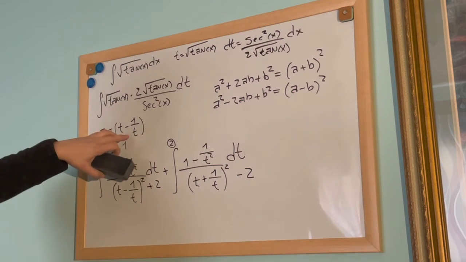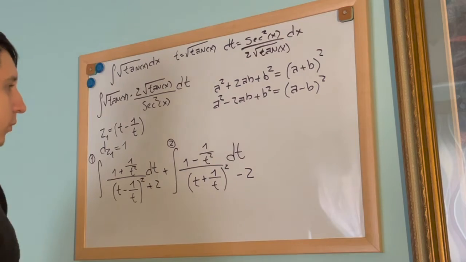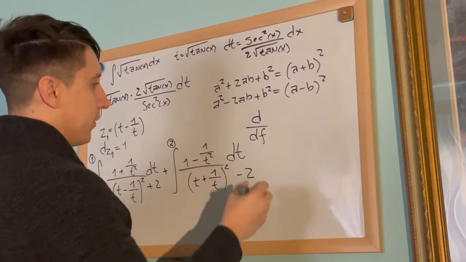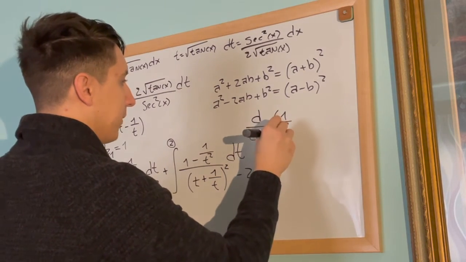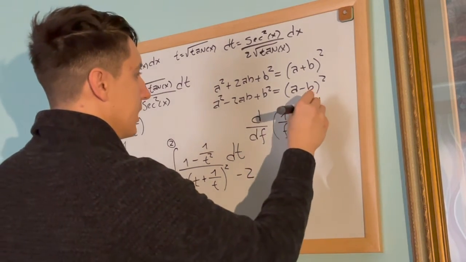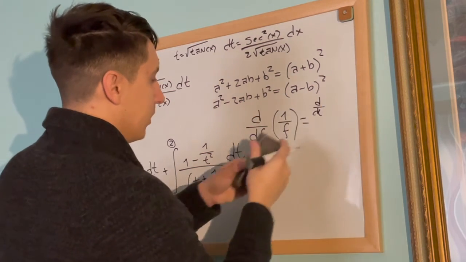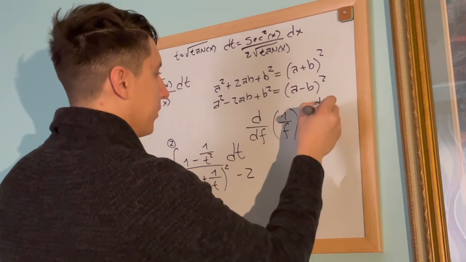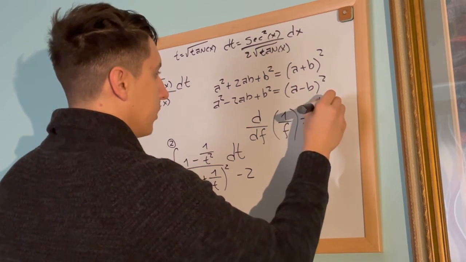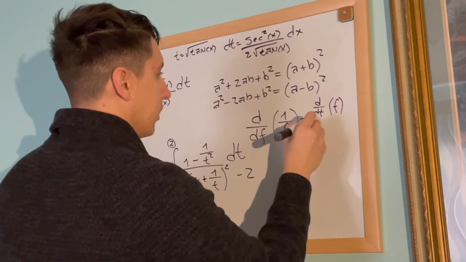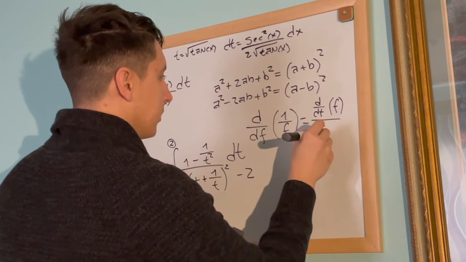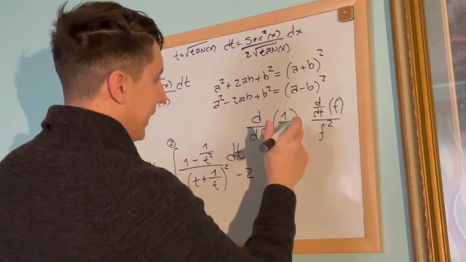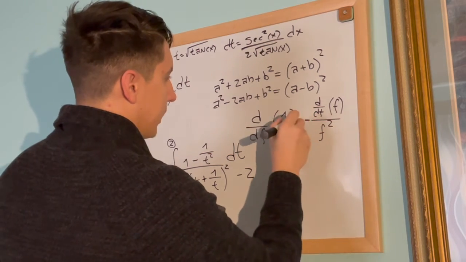And then we can also take the derivative of this, and if we utilize the rule right here, the derivative of the function 1 over f is the same thing as the derivative of f over f squared, and all of this is actually also minus, so equal to minus that.